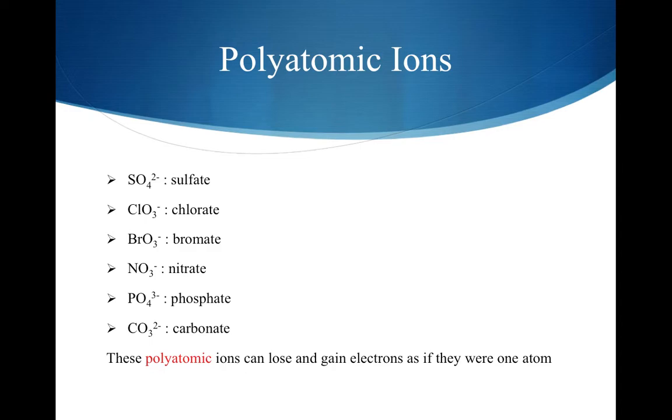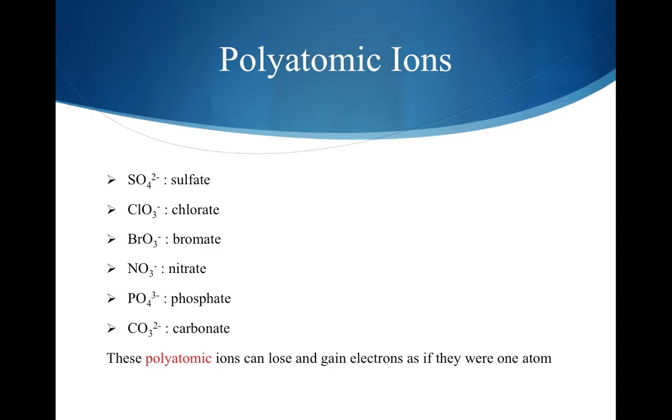That's the only way about it. You're going to run into them probably 100, 150 times throughout the year, where you just have to know SO4 2- is sulfate. There's no way around it. You just have to memorize it. So you only have 6 of them: sulfate, chlorate, bromate, nitrate, phosphate, and carbonate.